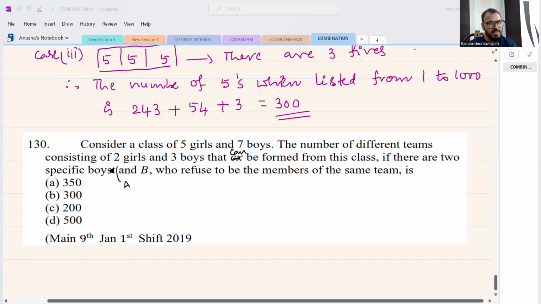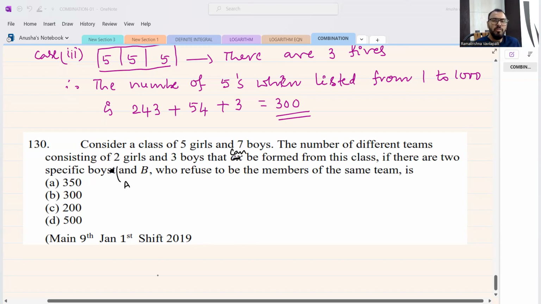Total minus they serve together. We have to eliminate when both are in the same committee.